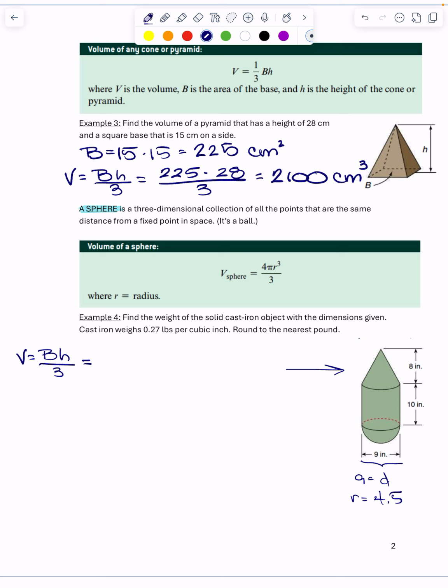So the area of the base is going to be pi r squared. I'm going to multiply that by the height, which they give me as 8, and I'm going to divide that by 3. So let me give you a minute to write that and go ahead and calculate that.